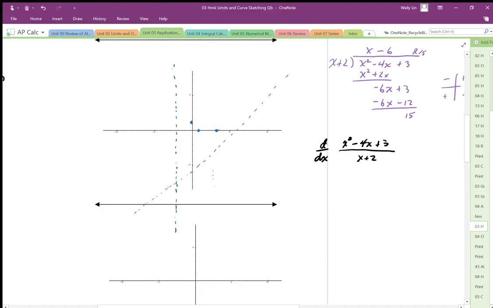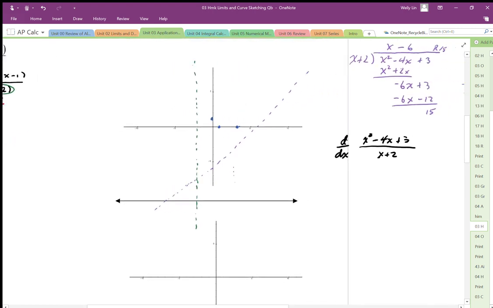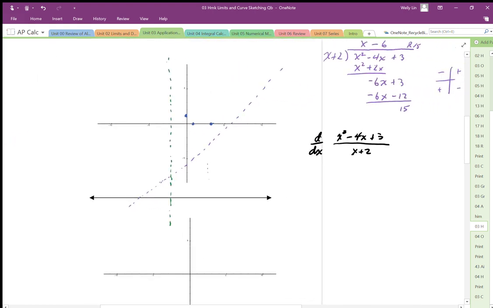And notice that I didn't keep the factors that I canceled because the shape of this graph is the same, and so the derivative of this graph versus the original graph is going to be exactly the same. So my derivative function is going to look like this.